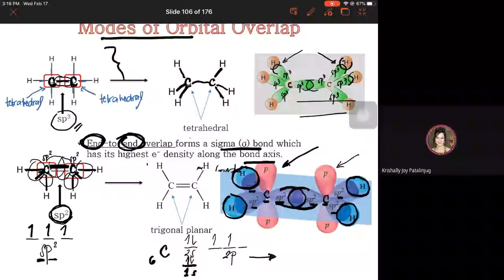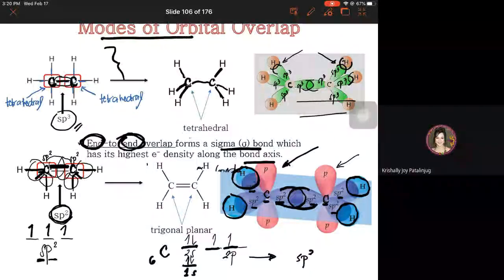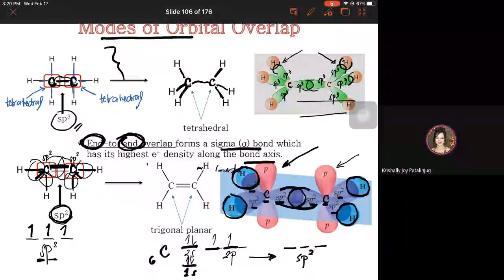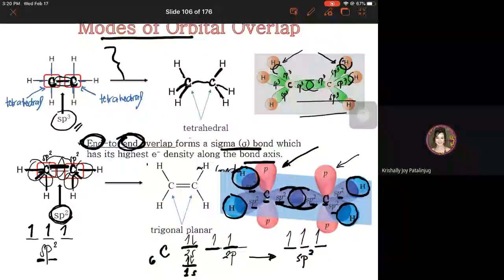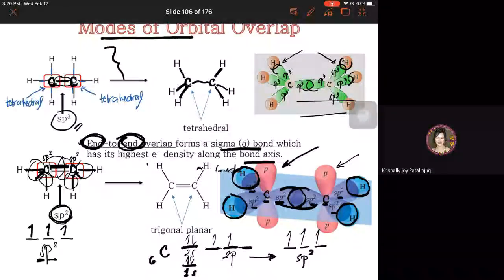So, ibig sabihin, tatlo lang yung na-mix. Isang s, dalawang p. So, 1, 2, 3, forming 3 half-filled sp2 orbitals. Ibig sabihin, meron pang empty na 2p.